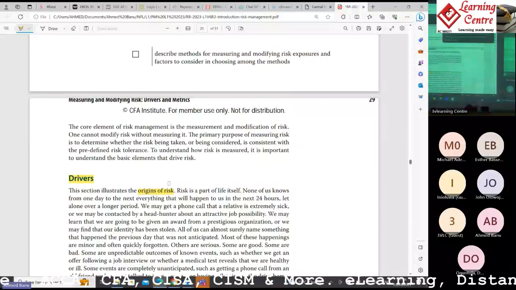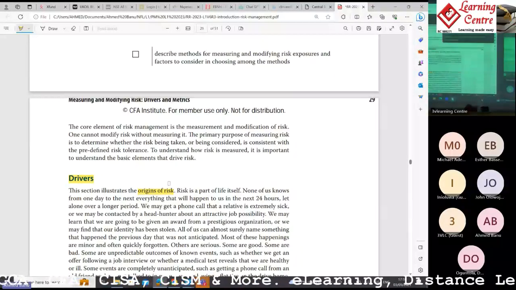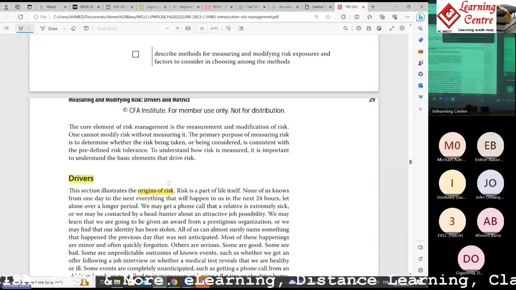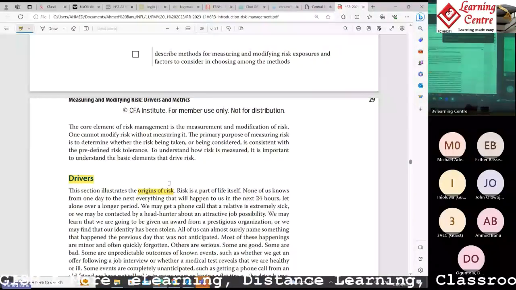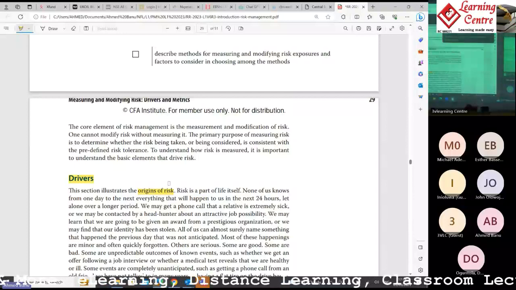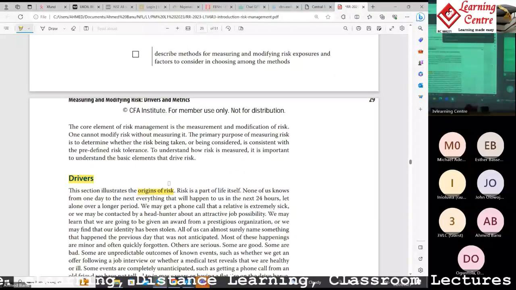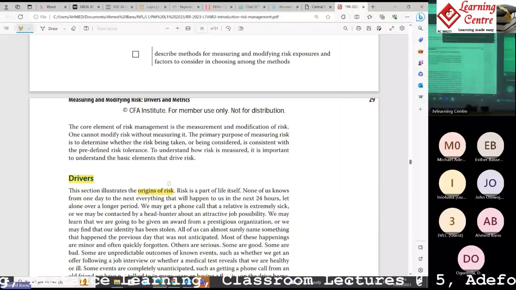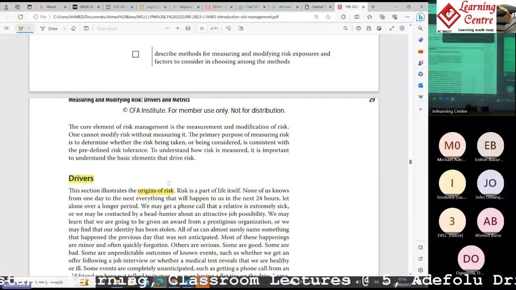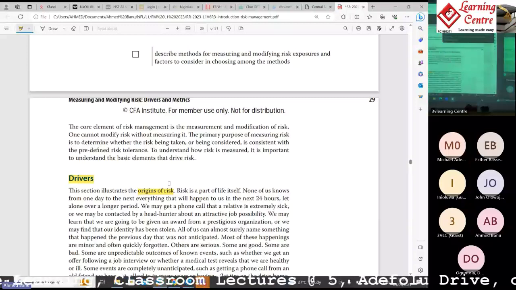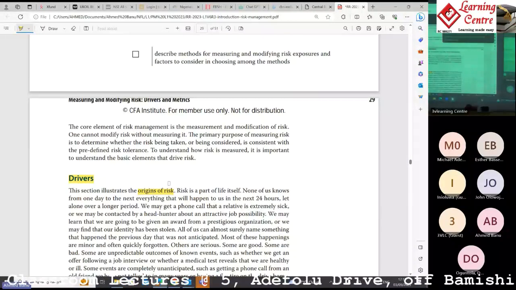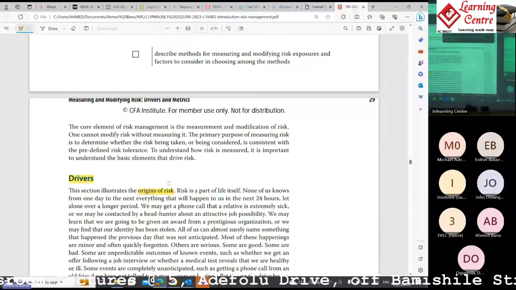Because the moment I hear such a policy, I need to be able to tell myself as a risk manager that this policy that has come out is going to have different impacts. That means I've been able to identify that risk because I've been able to know that this action is a risk driver. So you have to be able to know about the risk drivers for you to even say you want to identify the risk.